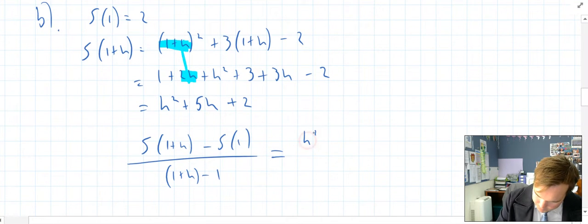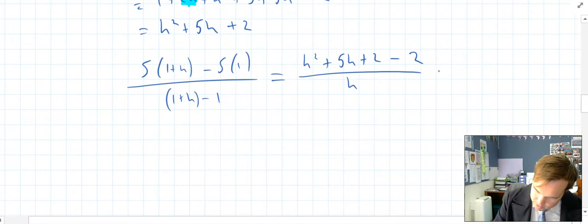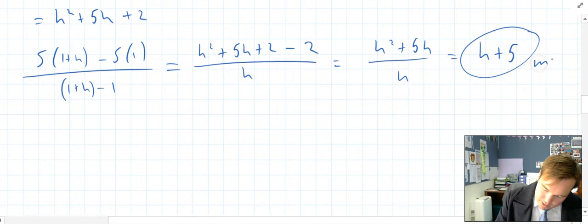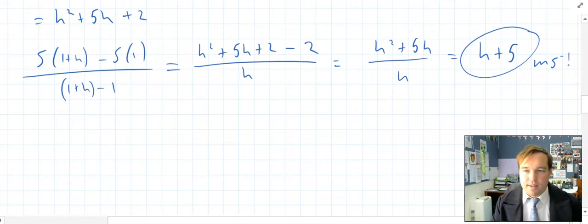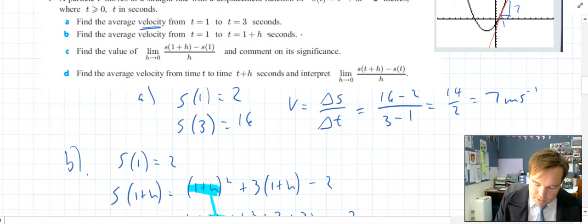Sub in h squared plus 5h plus 2 minus 2 over 1 plus h take 1 is just h. This equals h squared plus 5h over h, which is just equal to h plus 5. So that, in meters per second, is the velocity, the average velocity, between 1 and 1 plus h.